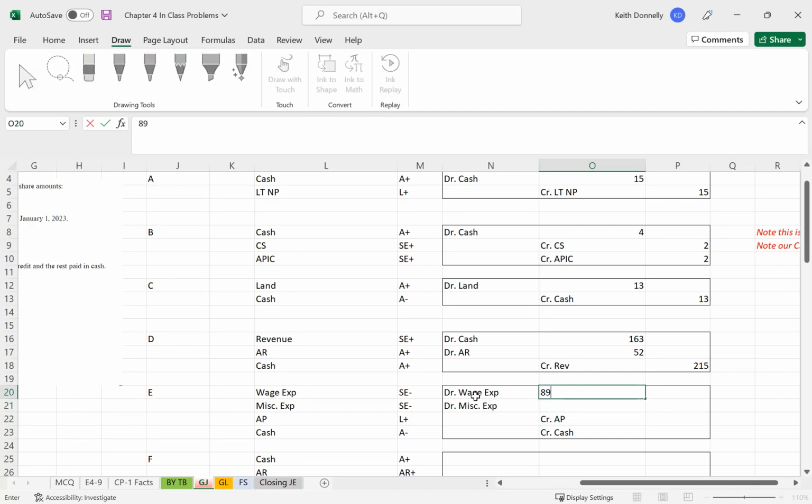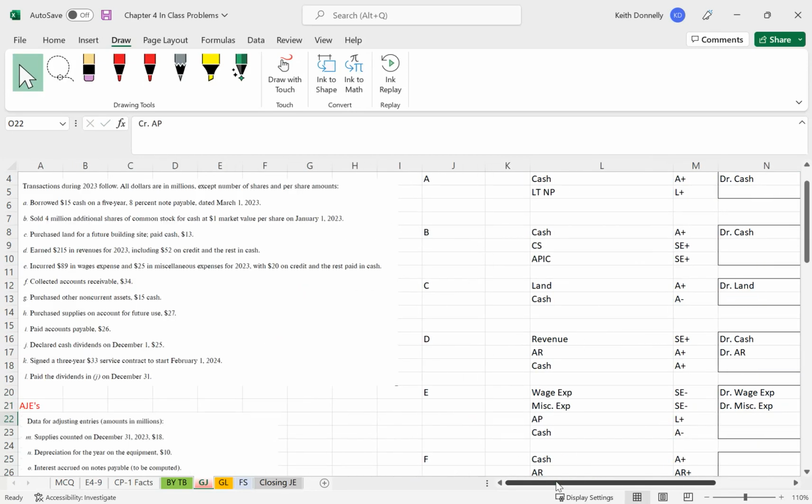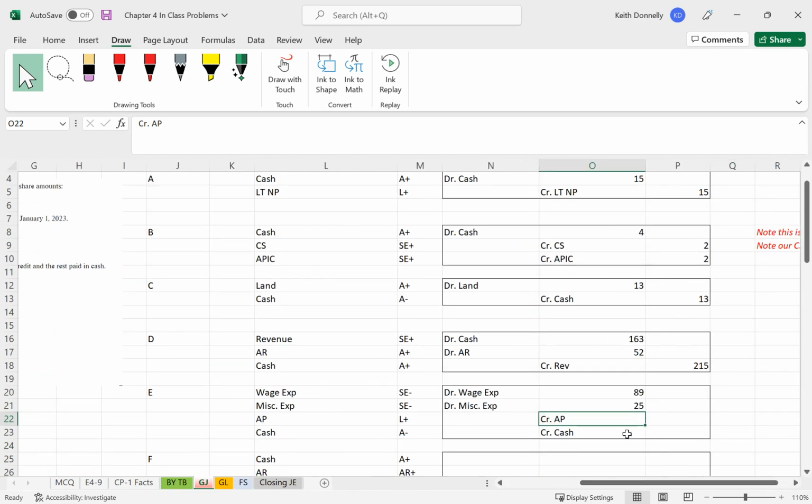They told us wage expense was 89, miscellaneous was 25. Then they said 20 was on credit, which means if our total debits have to equal our total credits, 94 was in cash. Okay?